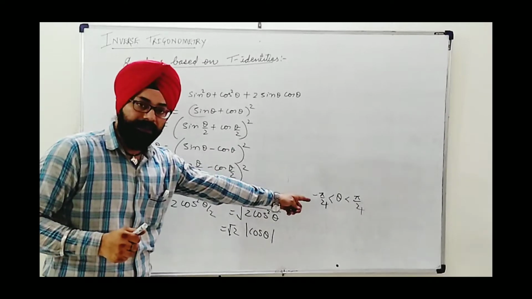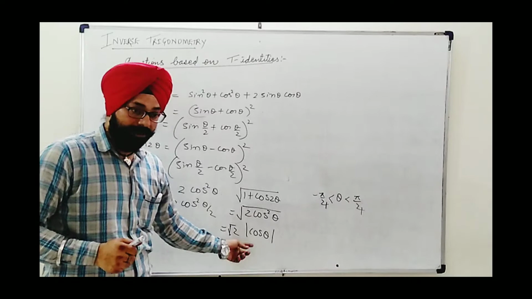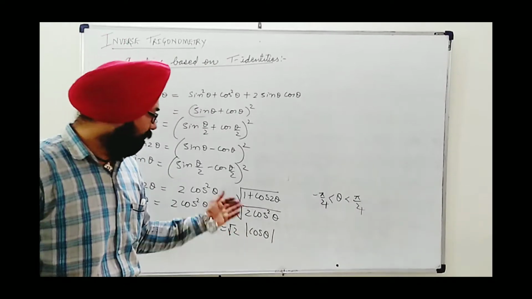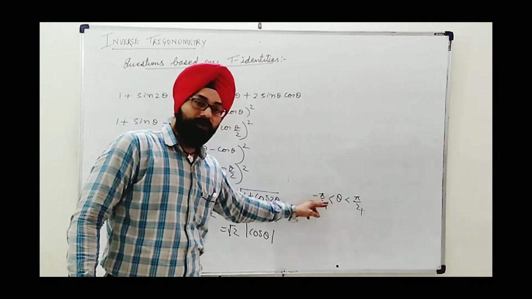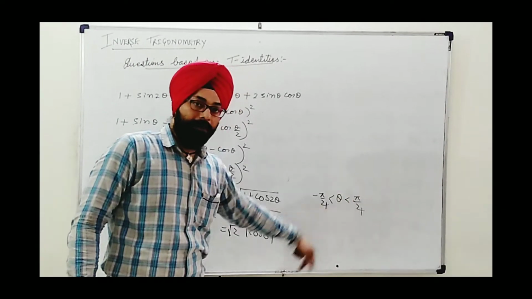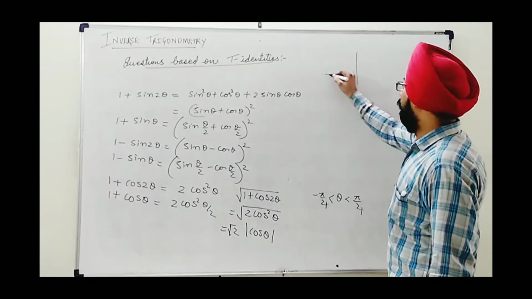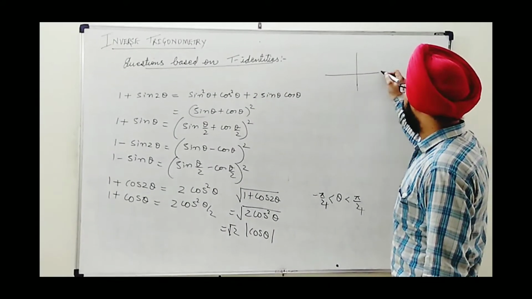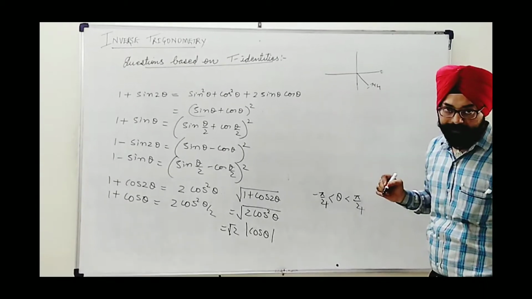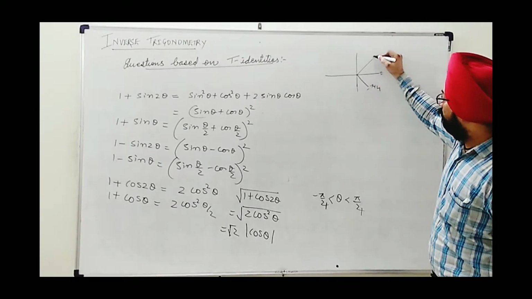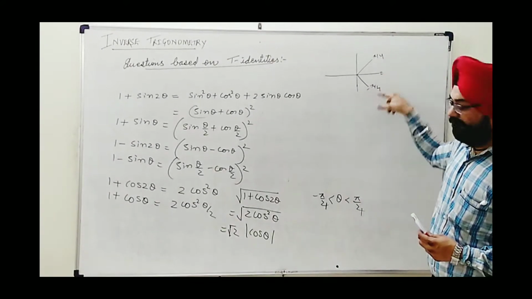Whenever you are given a condition with an angle, we need to open with mod only. Why? Because depending on the angle, this cos will be negative or positive. As we are now given theta belongs to minus pi by 4 to pi by 4, let's think of the quadrant pattern. Minus pi by 4 means minus 45 degrees, pi by 4 is 45 degrees, and theta belongs to this range.